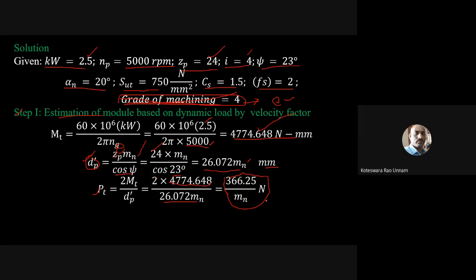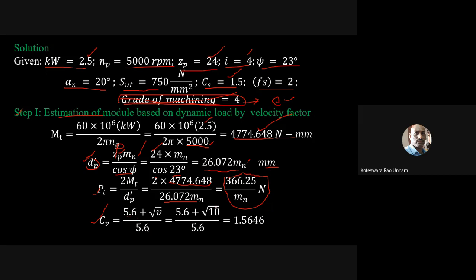Once I have this, I'll use the velocity factor approach to convert this Pt into P effective. P effective is Cs into Cv into Pt. Cs is already given in the problem as 1.5, so no need to calculate it. I'll calculate Cv. For helical gears, this is the formula, whatever the pitch line velocity: Cv equals 5.6 plus root V, divided by 5.6.